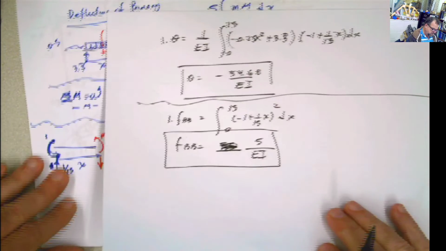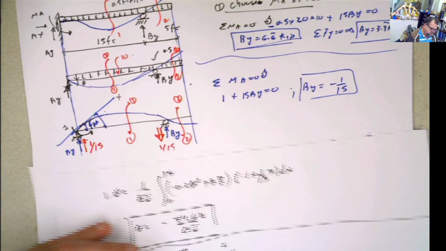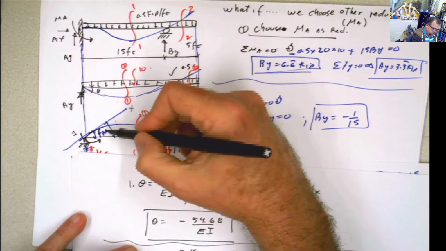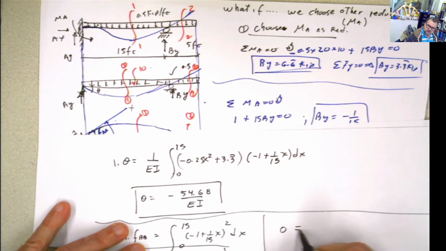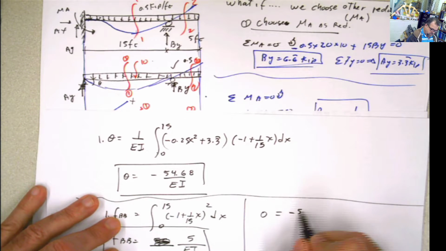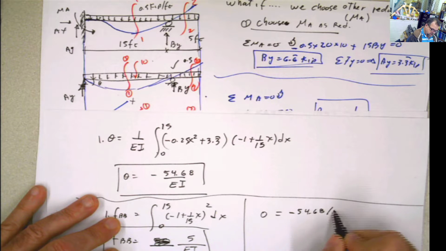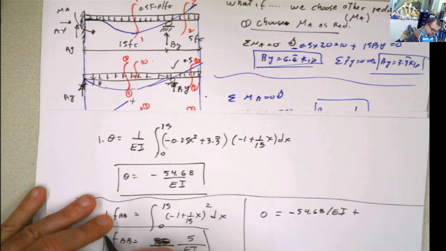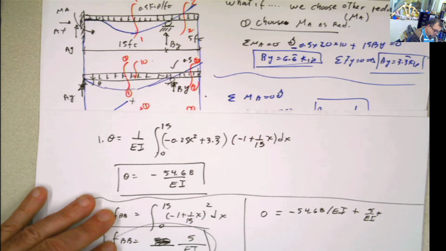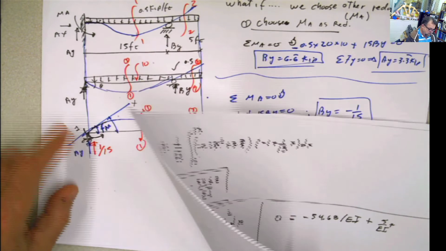And then you go back and you apply your original, and you say this one has to be equal to this one plus this one. What is the rotation here? 0. So 0 has to be equal to the rotation that we calculated here, which is negative 54.68 divided by EI, plus this one, 5 divided by EI, multiplied by the moment, because this was created by a moment of 1.